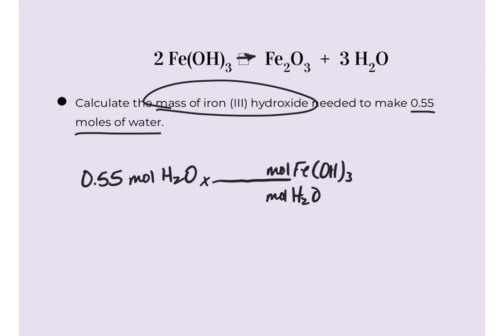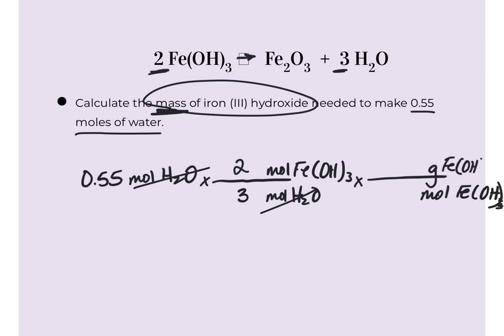I'm going to look at my coefficients up top here. We have 3 on the bottom, 2 up top. Moles of water crosses out. And now, because I'm being asked for mass, I'm going to go from moles to grams of iron hydroxide.